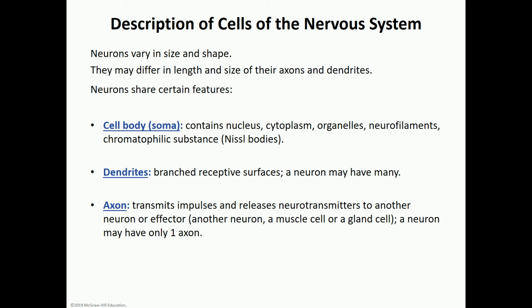And then the axon transmits the impulse or the electricity, also known as the action potential, away from the cell body until it reaches the end of the axon, and that's where the neurotransmitters would be. Okay, the end of the axon would transmit the action potential or the orders to either another neuron or to one of the effectors. And neurons have one axon. So a neuron has one cell body, one axon, but can have multiple dendrites.